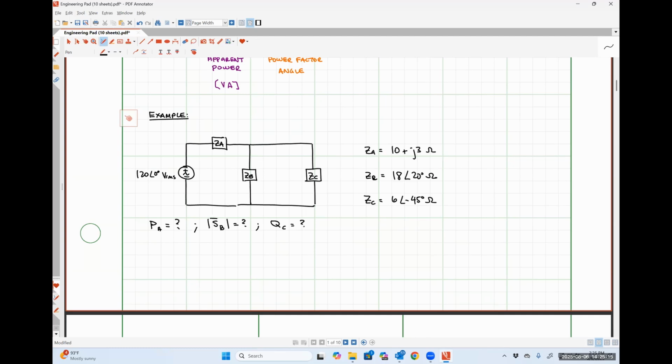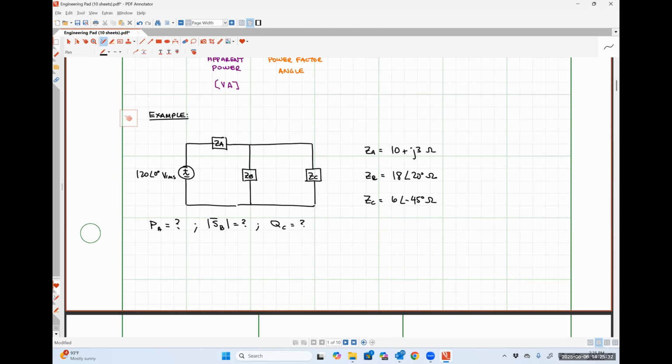Instead of calculating any of those directly, what I'm going to do, and what I highly suggest you do, is just calculate the complex power and then take from the complex power whatever piece it is that you're interested in.